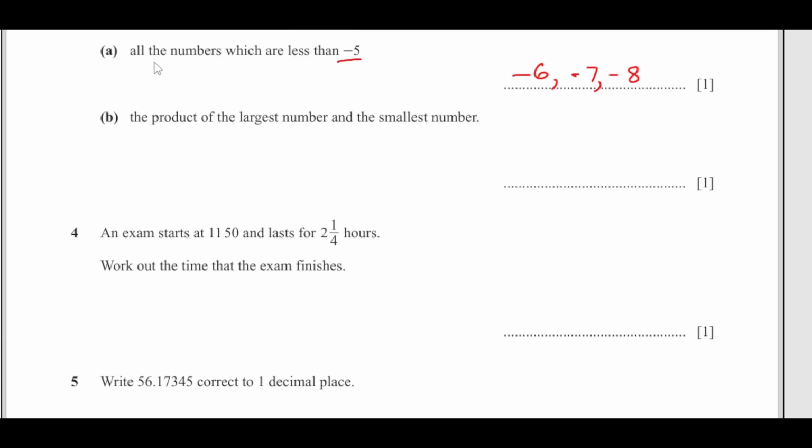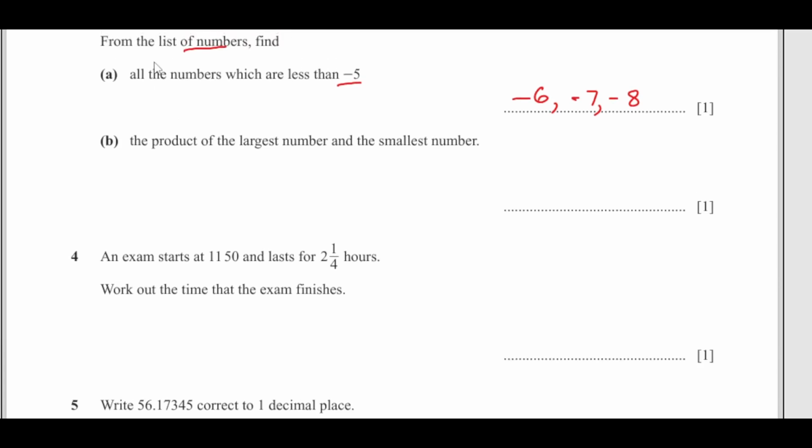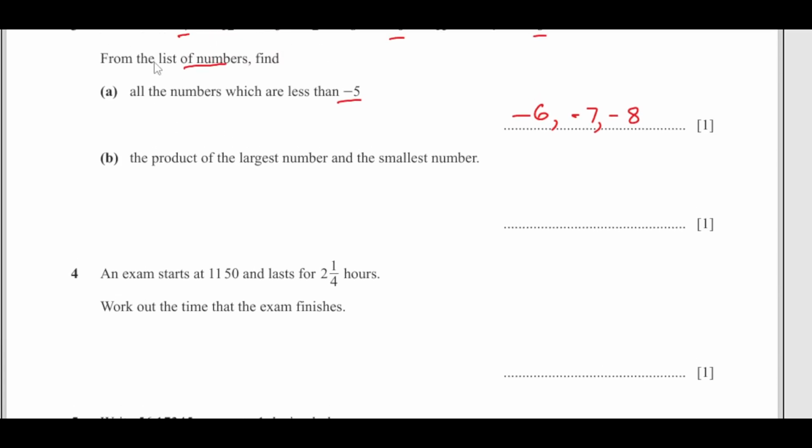Okay, now the product of the largest number and the smallest number. So the largest number here is 15 and the smallest number here is -8, right? We are going to have the product of this, which is 15 times -8, that is -120. So we will write down -120.